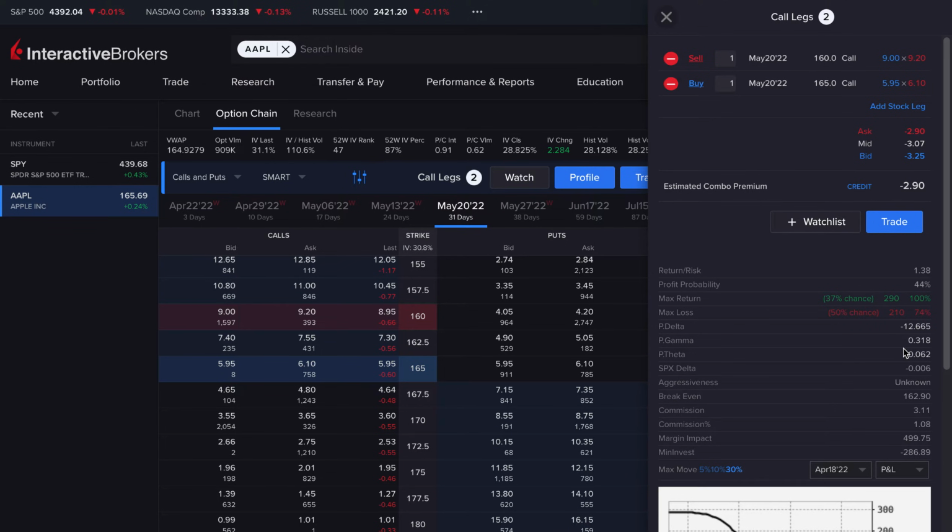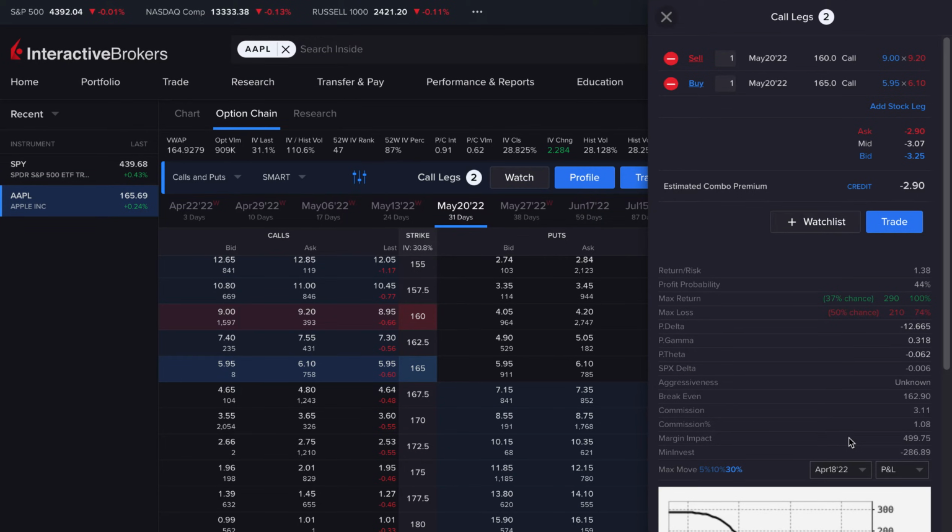And I'm sure you've noticed that if you take this number, your max return, and then you add it to your max loss, you get $500, all right? That's always going to be the case for a bear call spread. Your max return plus your max loss will always equal your margin impact. In other words, your collateral.